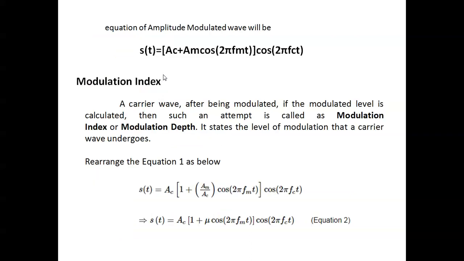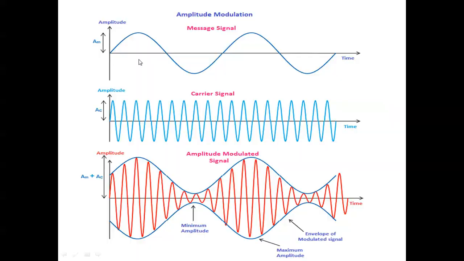This is the final equation of amplitude modulation. Instead of drawing the structure from the previous diagram, they give the equation: AM cos 2 pi fm t for the message, and similarly AC cos 2 pi fc t for the carrier.